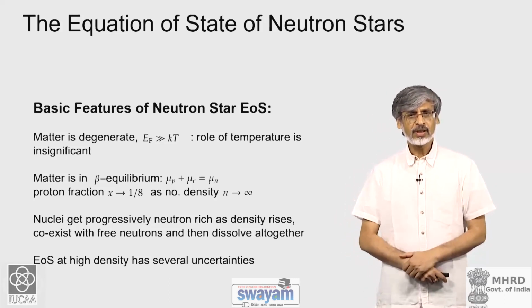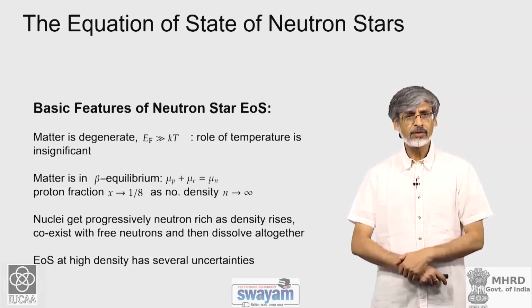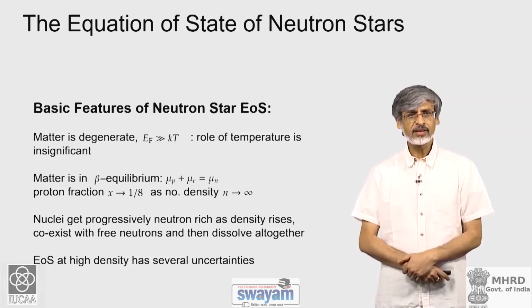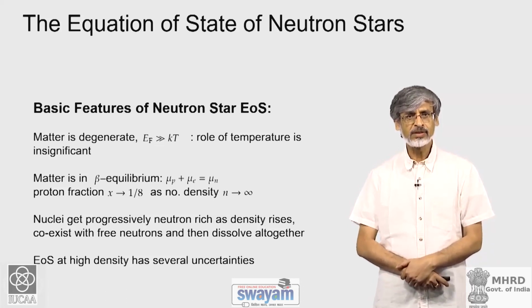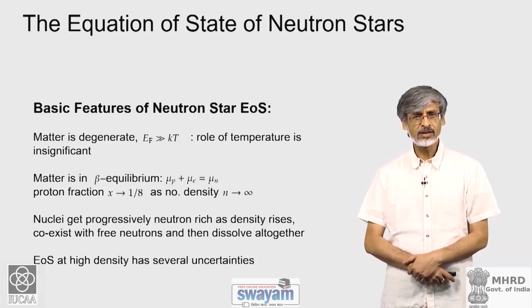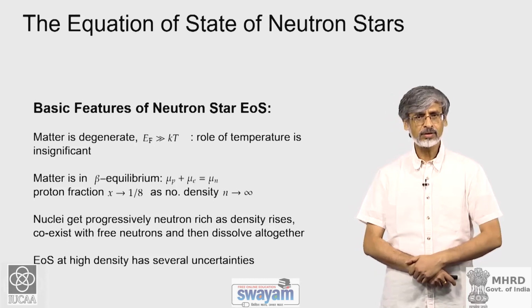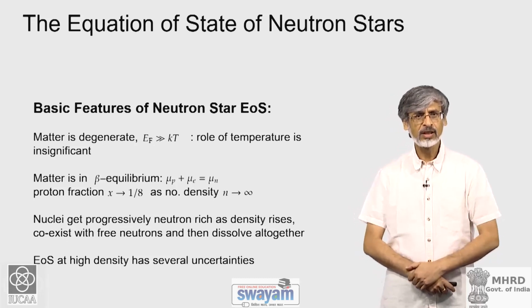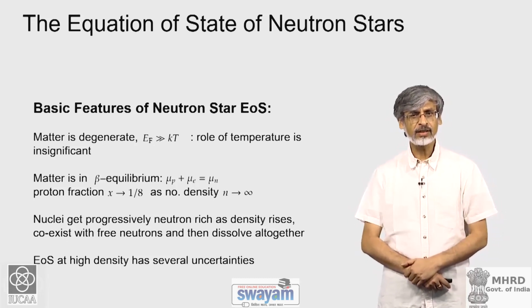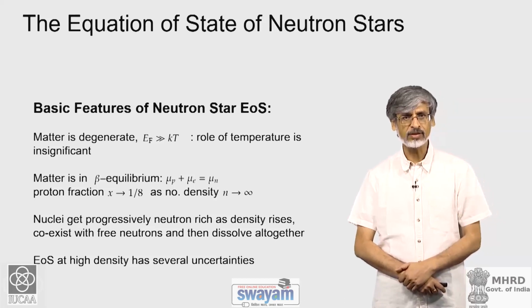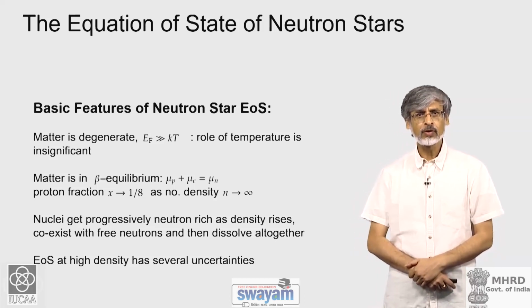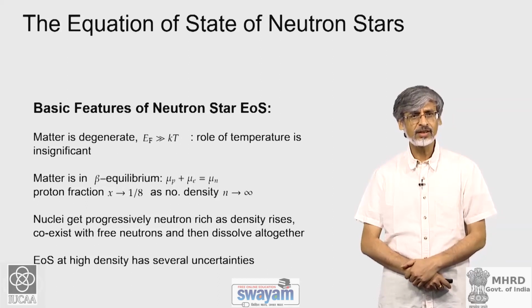We know that in a typical neutron star, the matter is largely degenerate, which means the Fermi energy of all components, be it protons, neutrons or electrons, is much larger than the thermal energy of these particles. So, therefore, the role of temperature in the equation of state is insignificant.